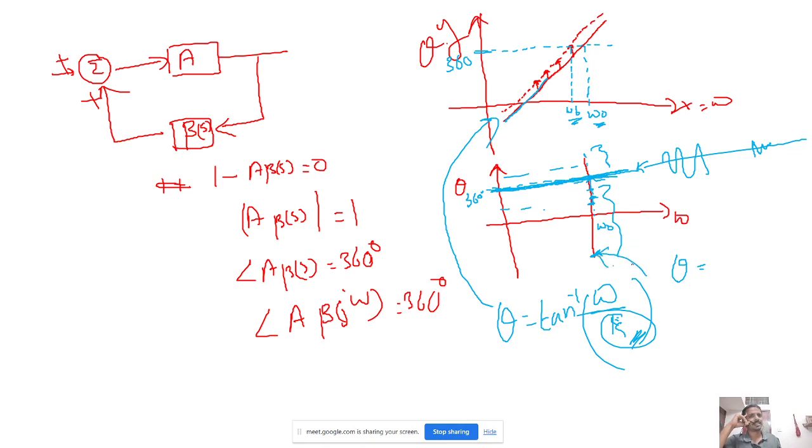But sir is mentioning that with respect to omega, the slope is like this. So 90, how he used to mention that. It is like 1 by s, right? For each frequency it will be 90. So it will be T.